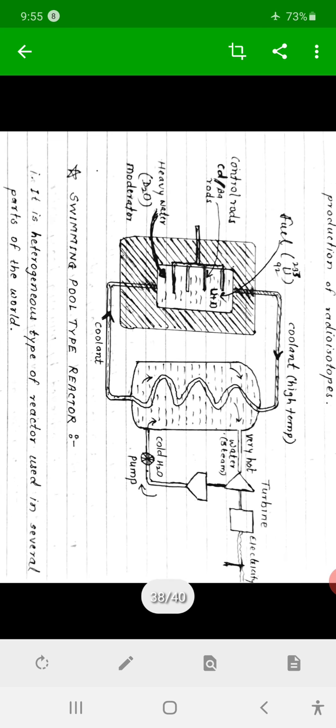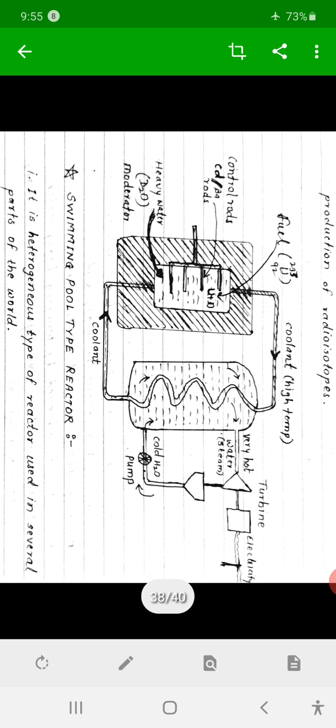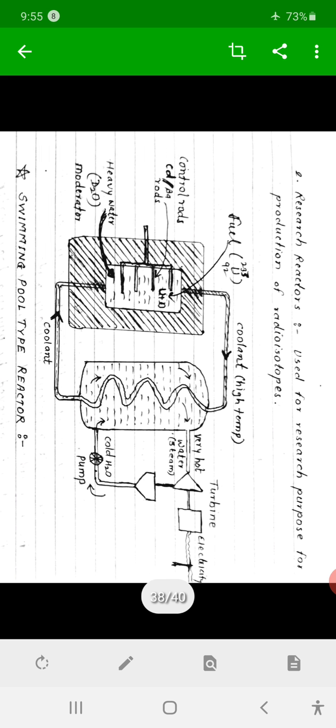Then classification of nuclear reactors. Nuclear reactors can be classified on the basis of their use. First, the nuclear power reactor, which is used to generate electricity, and this is the nuclear power reactor general outline.